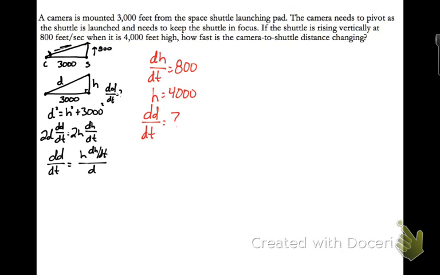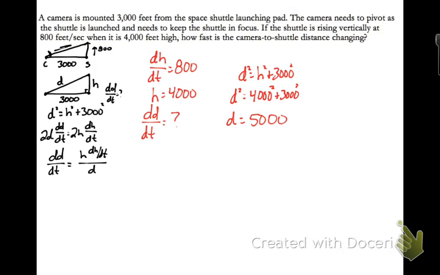And in order to figure out dD/dt, I need to know both H and D. I do have a right triangle, and I know that D squared equals H squared plus 3,000 squared. And I'm told at this point that H is 4,000. So D squared equals 4,000 squared plus 3,000 squared. Some of you will recognize the Pythagorean triple here, but in this case D will equal 5,000, or you can solve it if you don't recognize it.